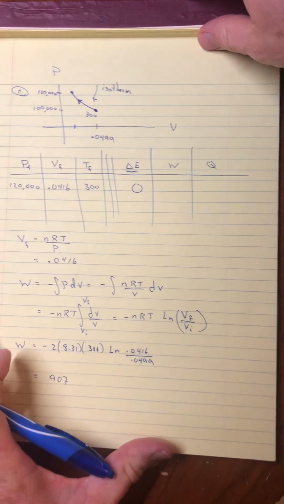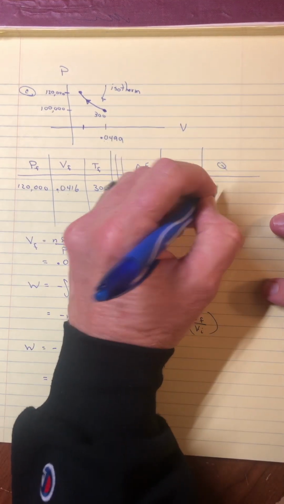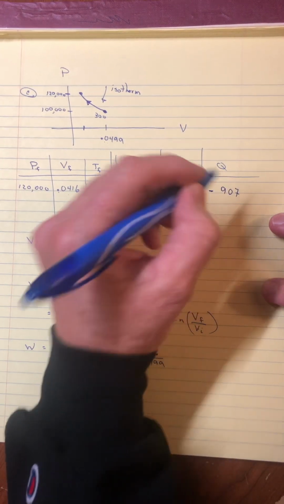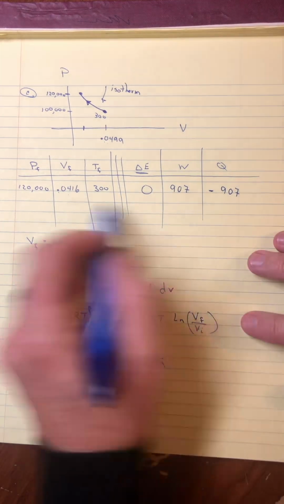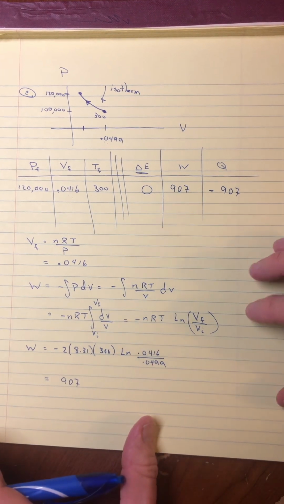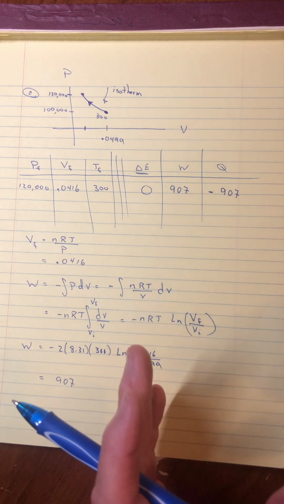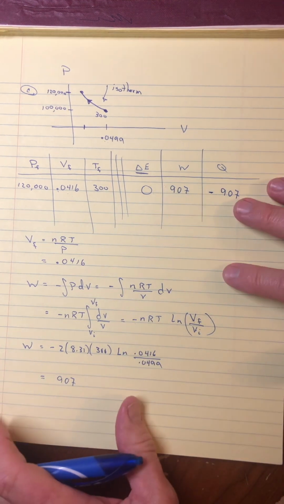And so 907 joules, which means the heat would be negative 907 joules. All right. So like I said, I like this one. Although it's kind of long, it's very useful from an educational perspective because we did or will do all 4 cases. So we've done 3 of them.